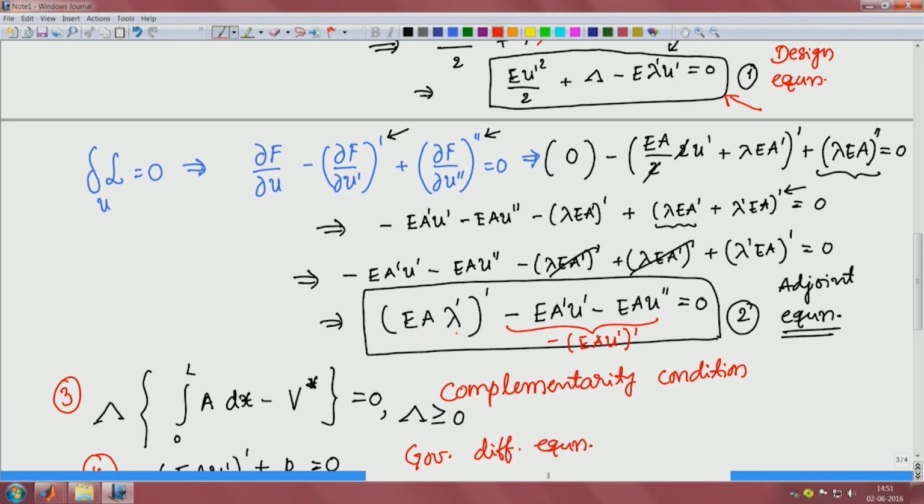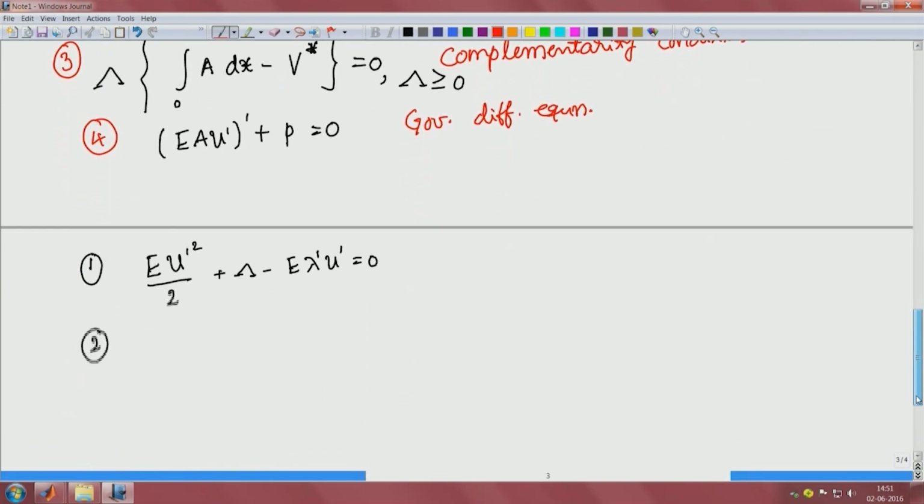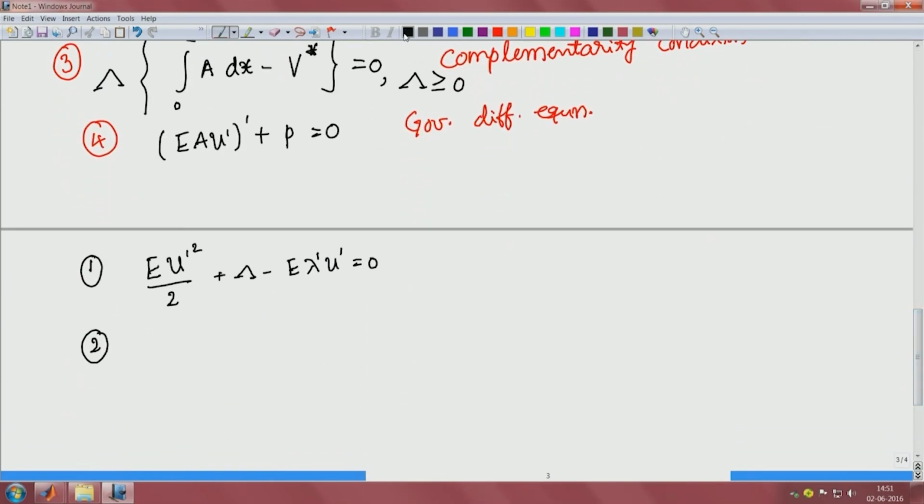So, it is E a lambda prime prime minus E a u prime prime. This second equation, which we call the adjoint equation, is E a lambda prime prime minus E a u prime prime equal to 0.